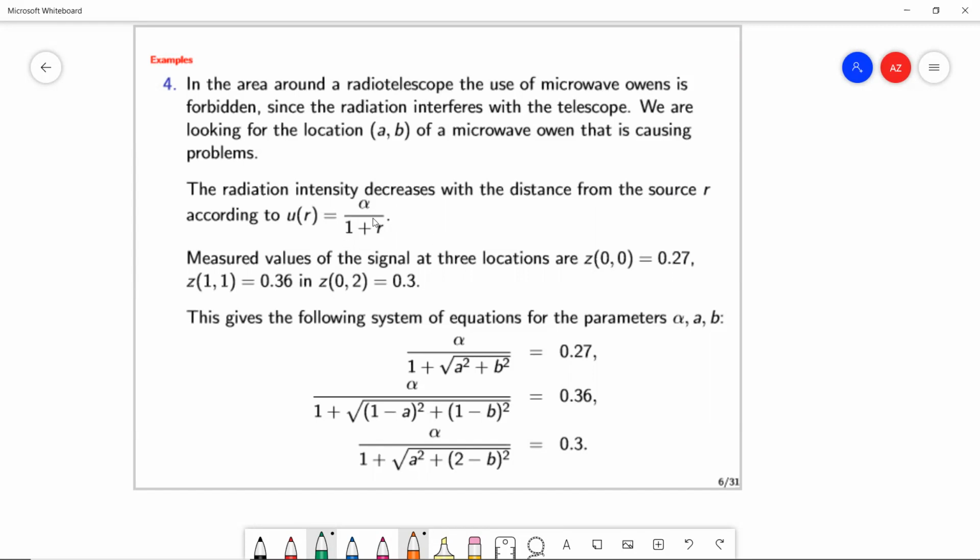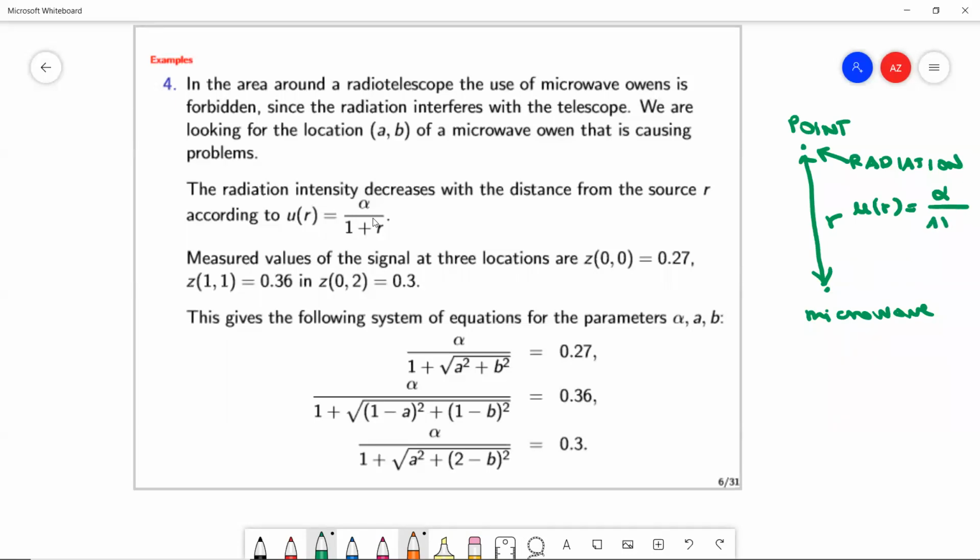So we have this microwave, and then we have some point which is at the distance r from the microwave, and the intensity of the radiation of the microwave in this point is equal to U(r) is alpha over 1 plus r.